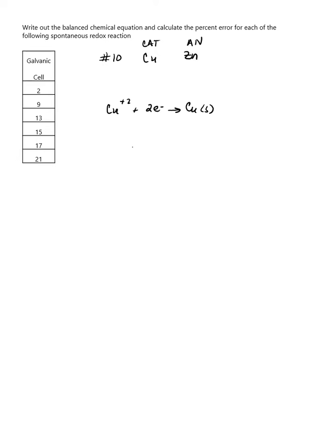That's 2 negative charges. So your 2 positive charges are being cancelled by those 2 negative charges, and that's why it goes to copper 0, no charge or neutral. So that's what's happening in the cathode, right?